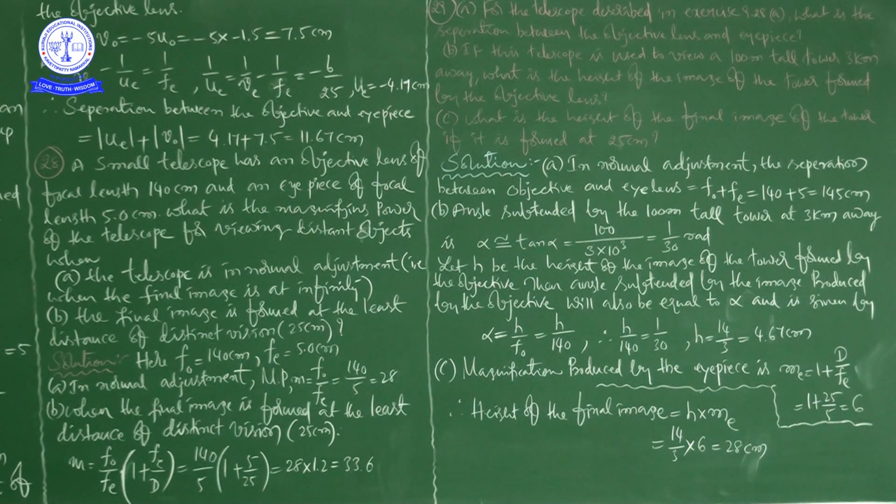Even in the case of problem 27, I told the same thing. You have to keep it in mind, because when I am explaining, you may have doubts why the image is going to form at 25 centimeters. In the beginning of the chapter, Ray Optics, I told you a small experiment: keep a 30 centimeter wooden scale in front of you. If you keep the scale very close to your eye, what will happen?